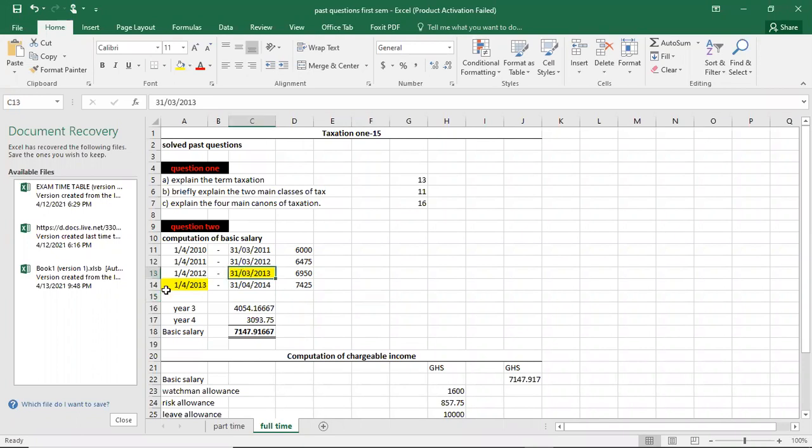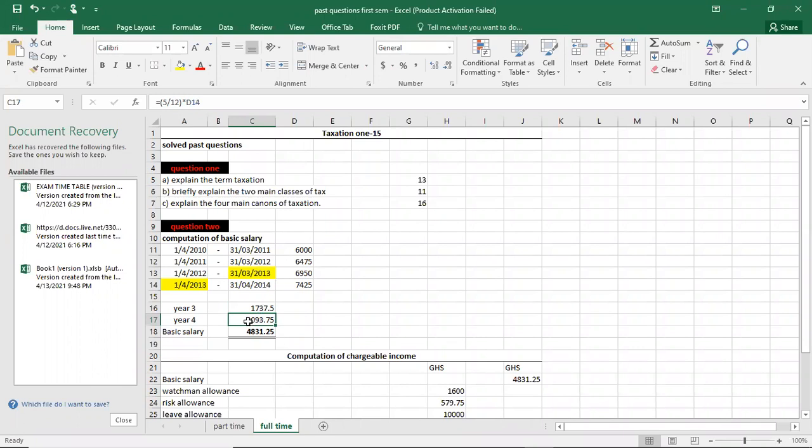But we are supposed to look for the basic salary for 2013. You can see 2013 here and here. Now, when you look at this side, ending 31st March is here. So meaning in the year, 3 months out of the 12 months is there. So you do 3/12 multiplied by the 6,950, which will give you 1,737.5.